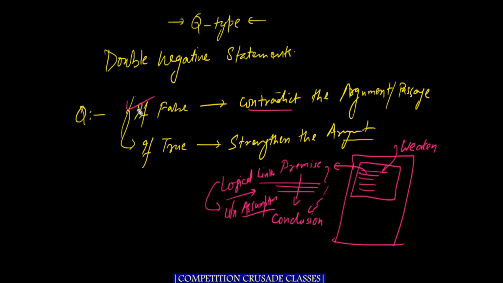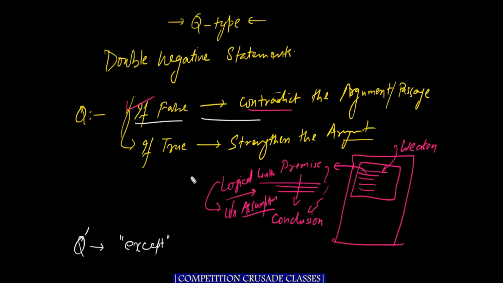Now, in this particular question type itself, a new question type can be created, probably a Q dash I'm using, in which the question will say, all of the following. So this was one statement, if false, contradicts the argument, you are supposed to find out. This one will ask you to find out all the statements, if false, the idea remains the same, if false, will contradict, except.